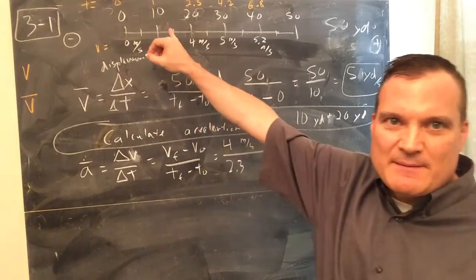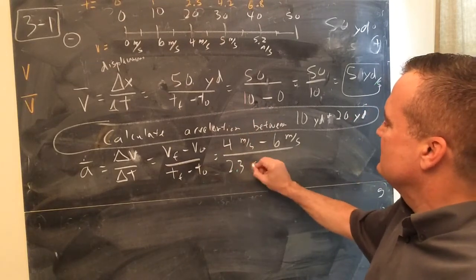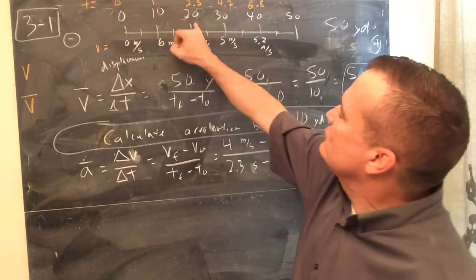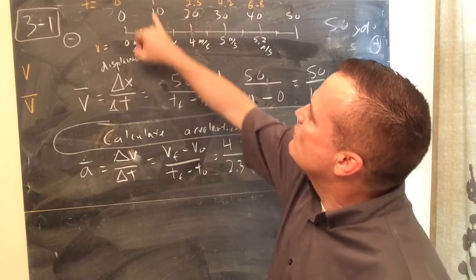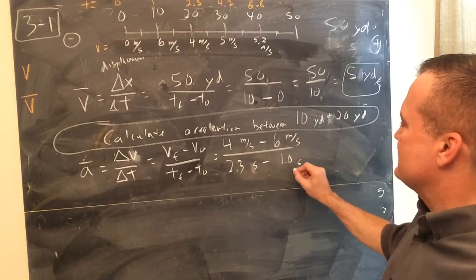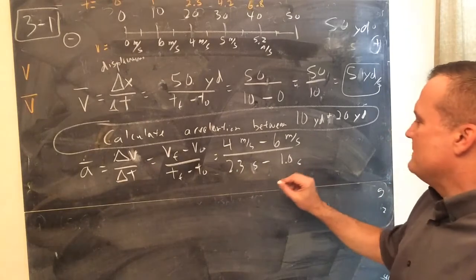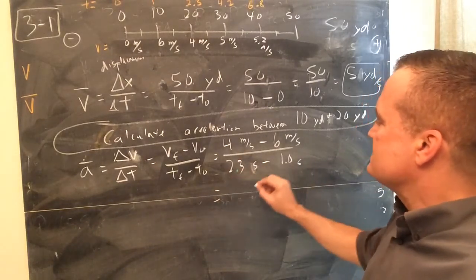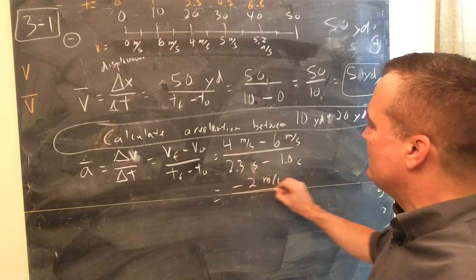Now I just made this problem up here on the top board there, okay? 2.3 seconds, minus, and then your initial was 1 second. It said you got there at 1 second. I put 1.0 there. Okay, 1.0 seconds. Okay, so now, notice if I take 4 minus 6, I get negative 2 meters per second is your change in velocity.